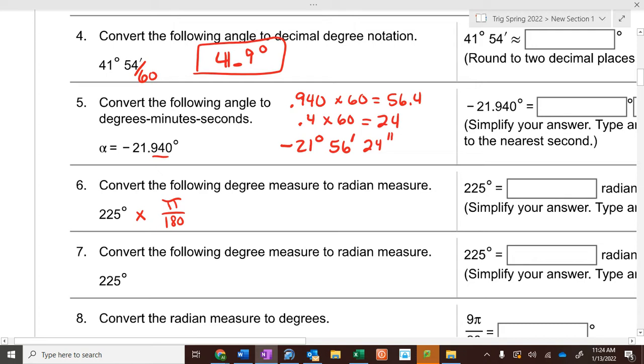On your calculator, put 225 over 180. What do you get? 1 1/4. Okay. So 1 1/4 pi, which is 5 pi over 4. Properly done, 5 pi over 4.